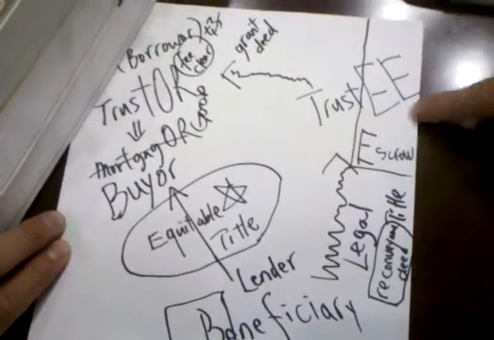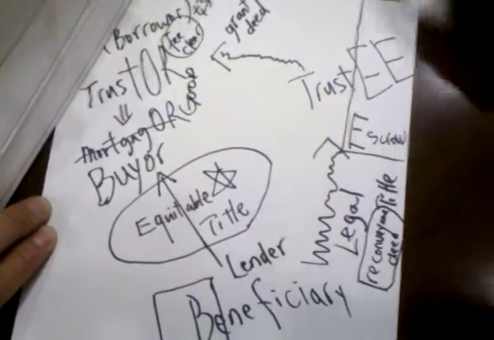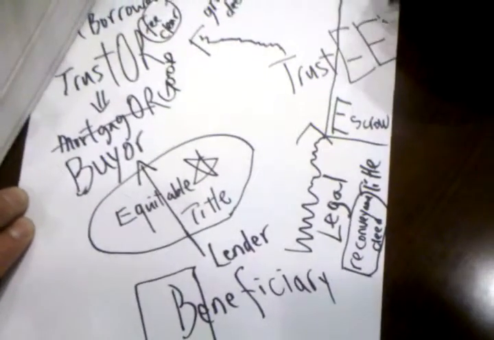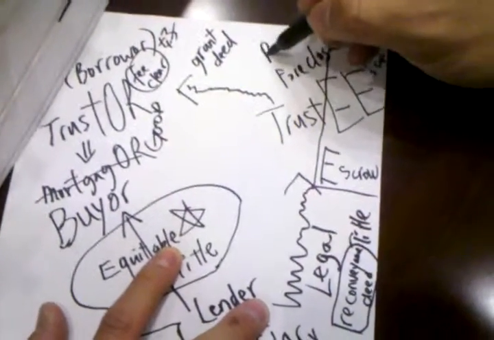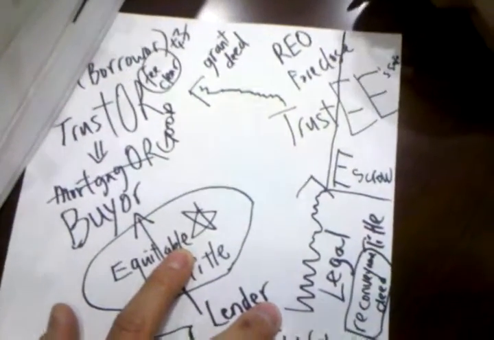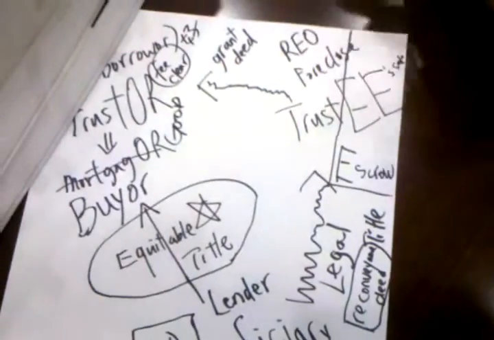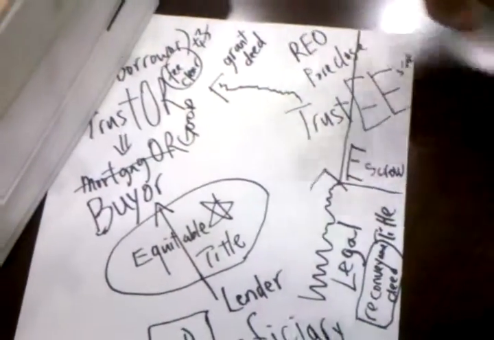Foreclosure, but it is also called trustee sale. Very good. So trustee sale is actually a foreclosure, and also it is called real estate owned, REO. So all these are the same thing. We don't need to complicate it.